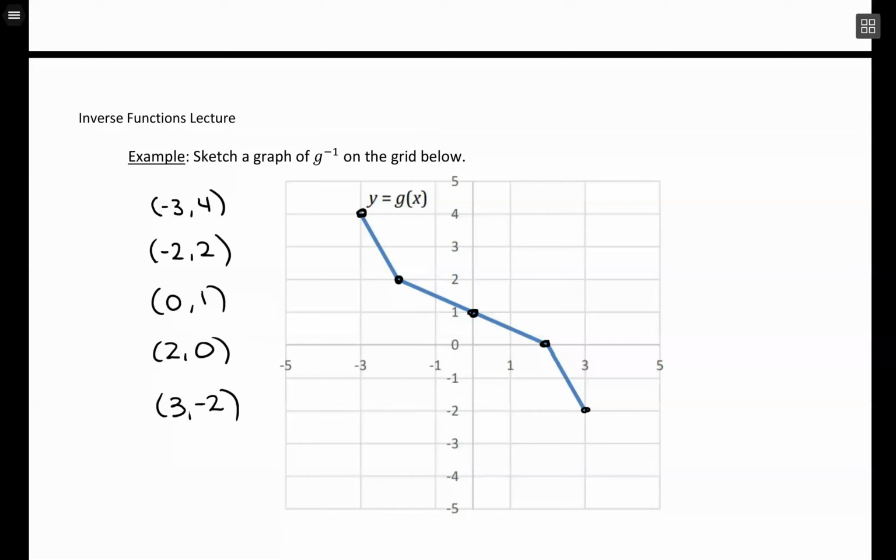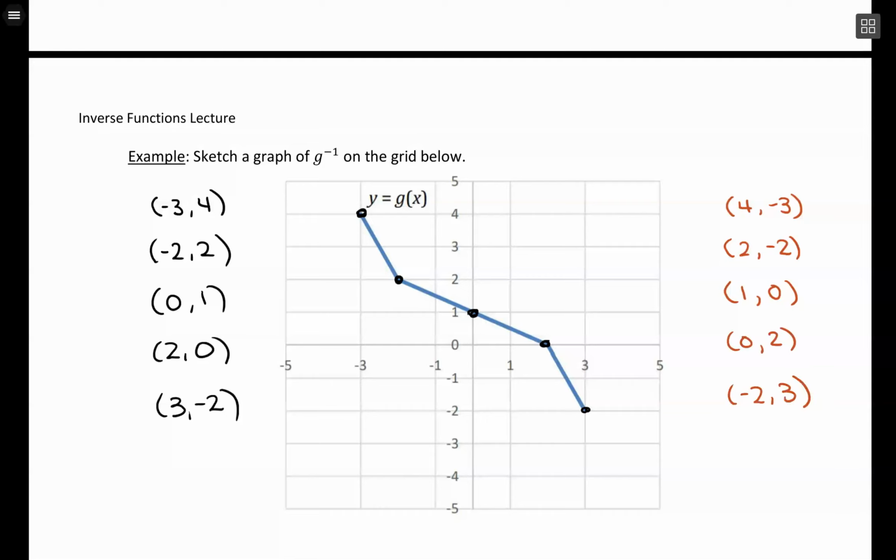So if I want to sketch my inverse function, all I need to do is switch the x and y values. Where I had (-3, 4), I'm going to have (4, -3). Where I had (-2, 2), now I'll have (2, -2). All I'm doing is switching input and output values. So with that, I get some key coordinates for making my graph.